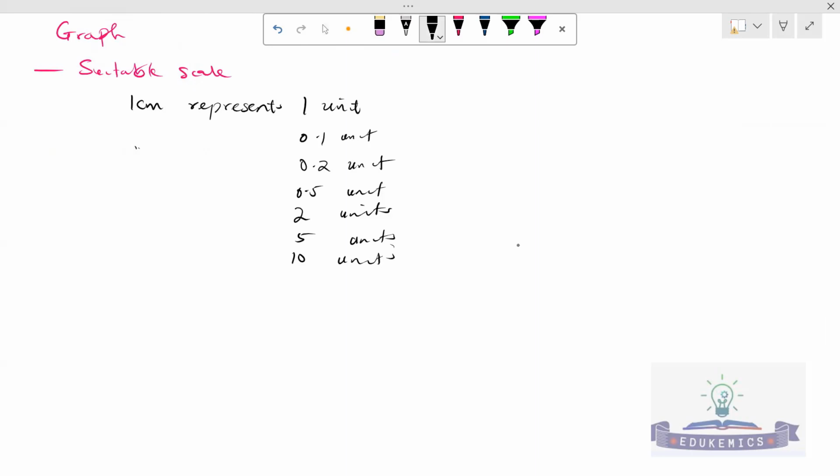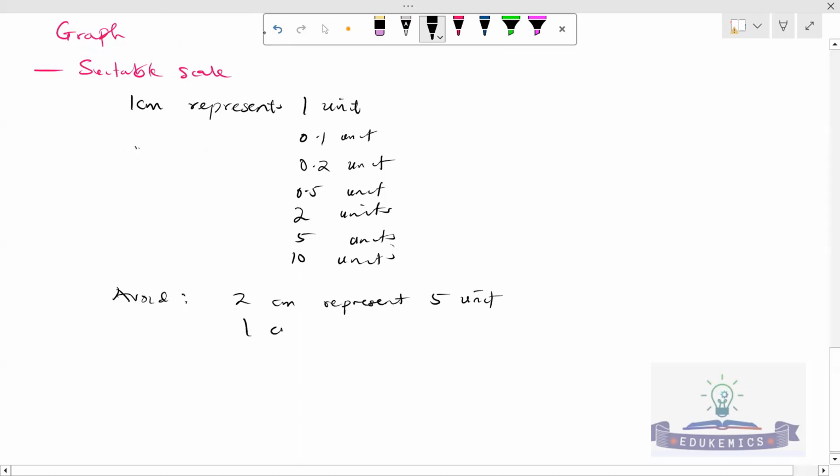So avoid scales like this. Avoid using scales such as 2 centimeter to represent 5 units. Avoid such kinds of scale.